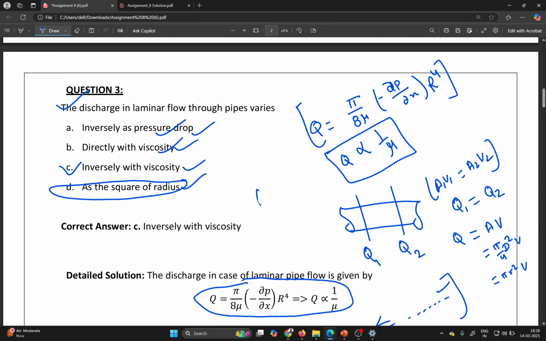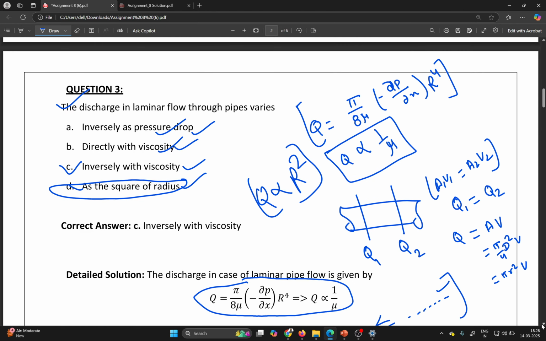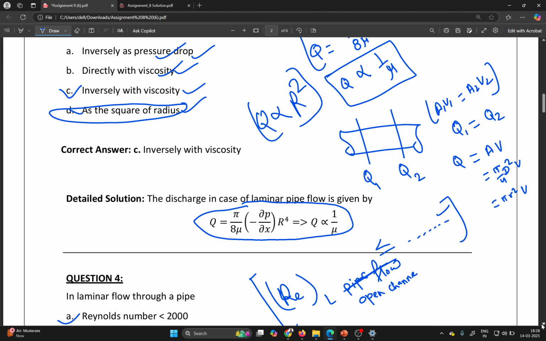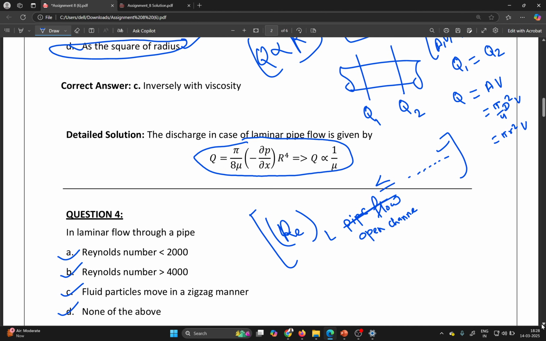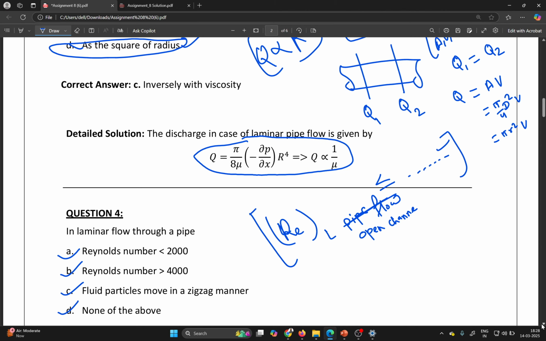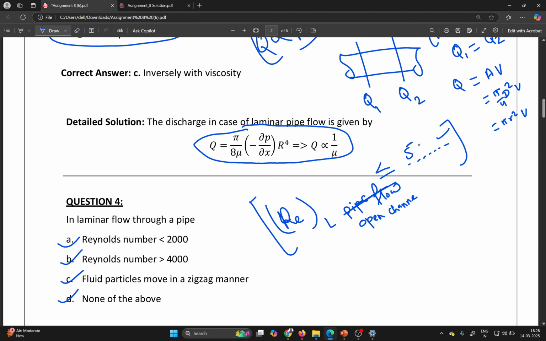From here you can write discharge is directly proportional to r to the power 4. So one term is missing, that's why option D is not correct. So yes, 500 here. Fine. Now we'll move on to the next question.